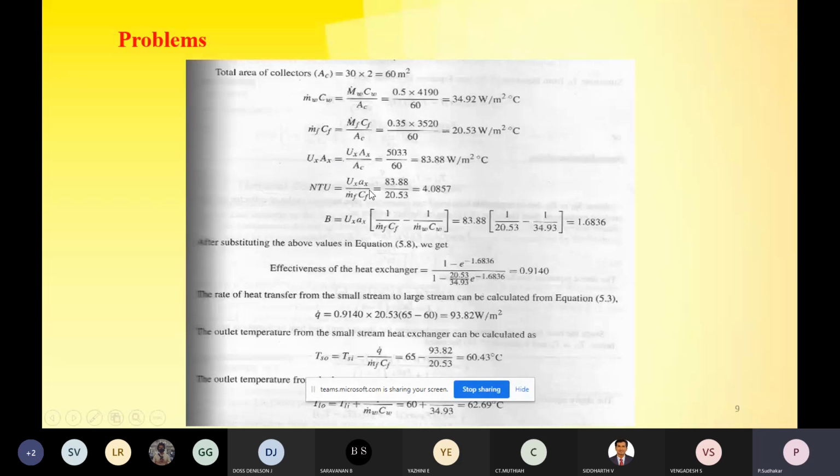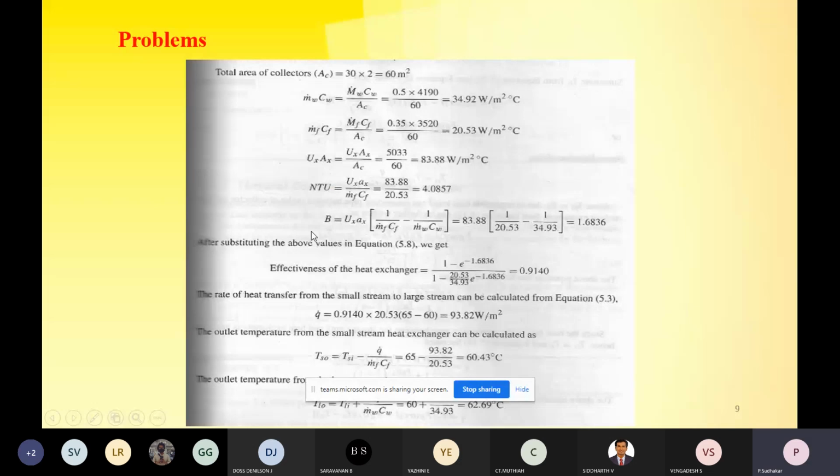In the NTU formula, this is small ax, and this one is capital UXAX. The value given is capital UXAX. So when you find UX small ax, we have to divide it by 60, the area of the collector. Substituting this value in the NTU formula, you get NTU.